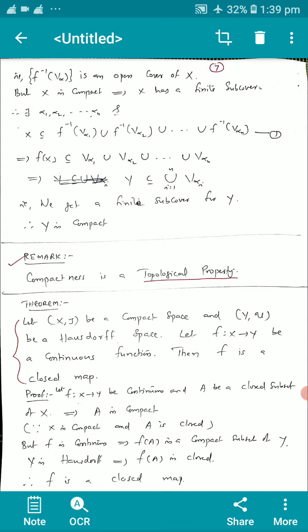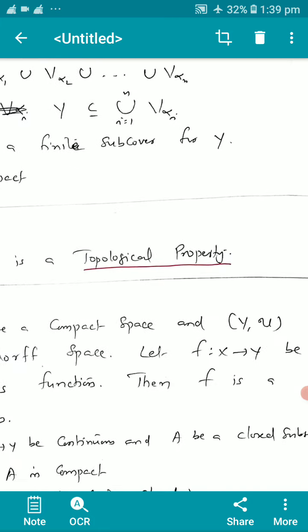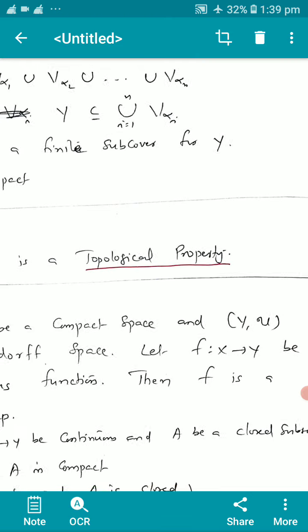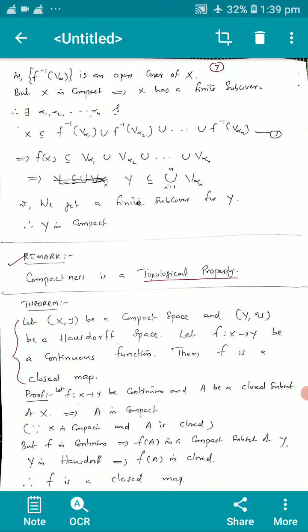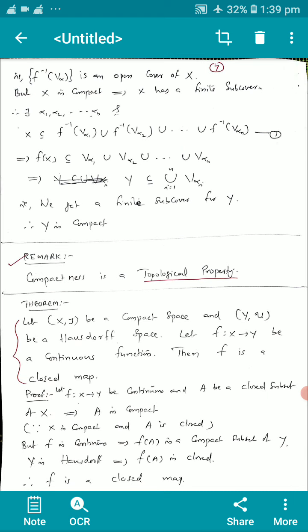What is f of X? It is Y. This implies Y is a subset of or equal to union V alpha i, i varies from 1 to n. So we get a finite subcovering for Y, or Y is compact. A remark: compactness is a topological property, because f is a continuous mapping and under a continuous mapping compactness is preserved, which you can prove easily.